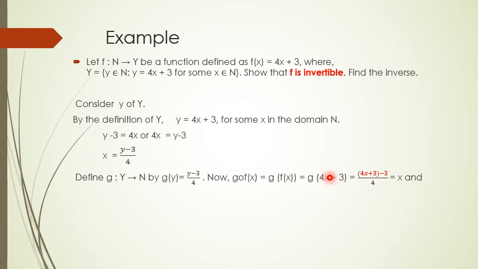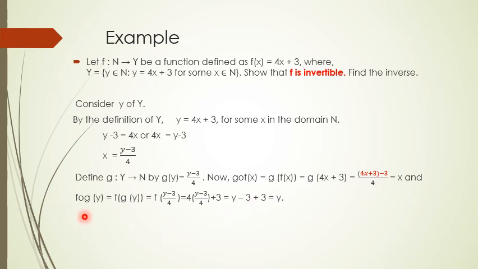So, we substitute 4x plus 3 instead of y. Then we get x, that is, g of f of x equal to x for all x in the domain of g of f, which means that g of f is an identity function.